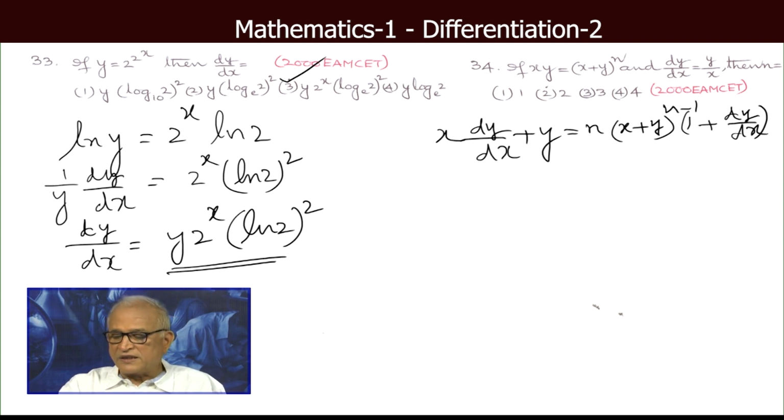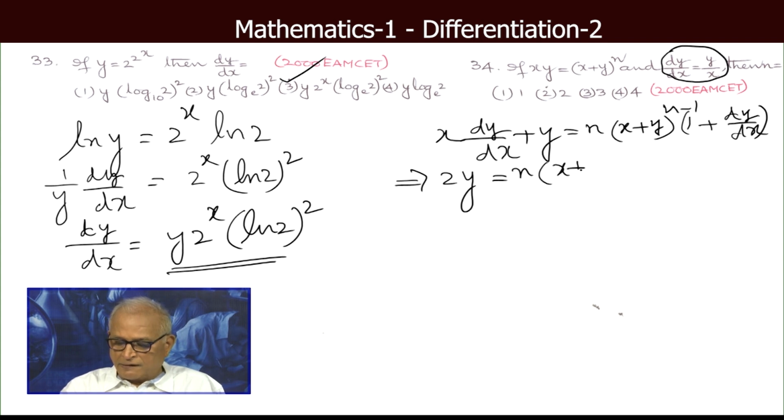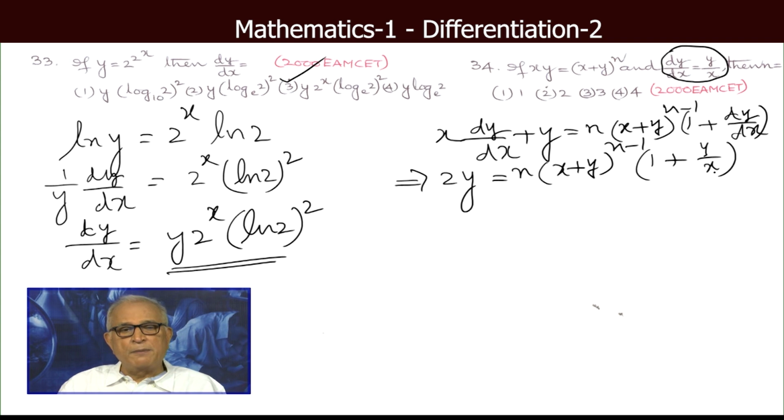x dy dx is y, because dy dx is y by x. Look at that. dy dx is y by x, so x dy dx is y. So this is 2y, equal to n times (x plus y) whole power n minus 1 into (1 plus dy dx), y by x. That is, 1 plus y by x. What is 1 plus y by x? (x plus y) whole by x.